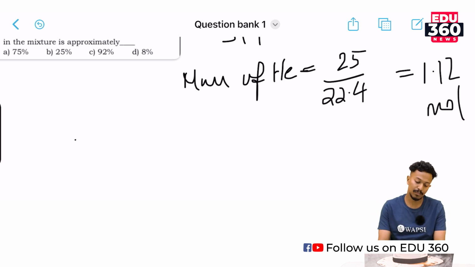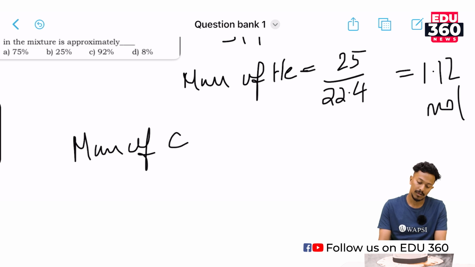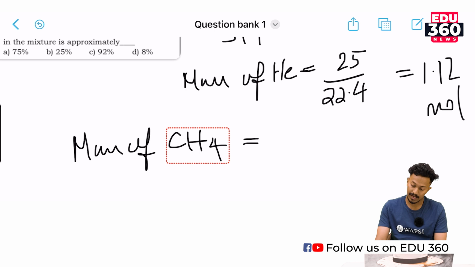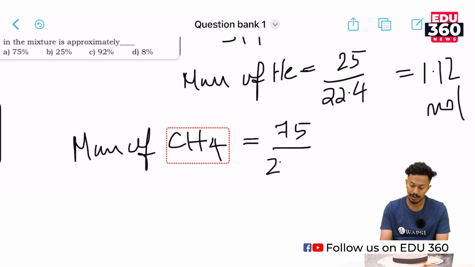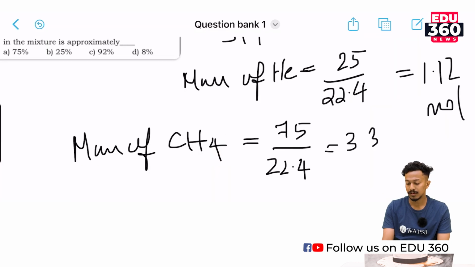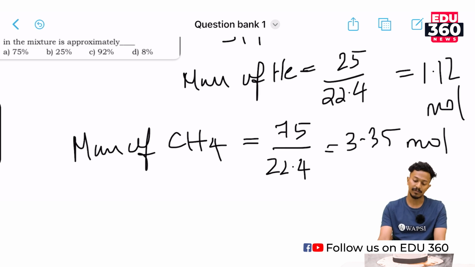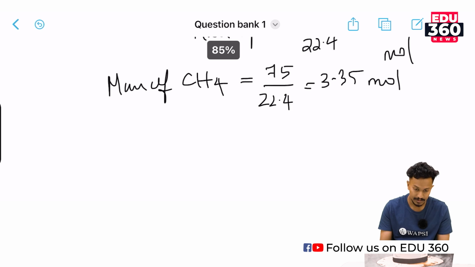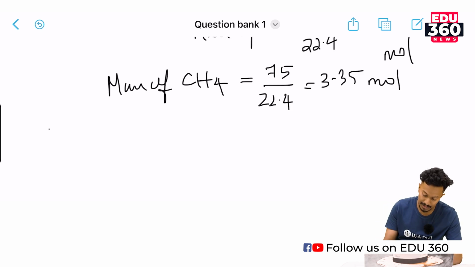Well, we will look after the moles of methane. The moles of methane is 75 by 22.4, which gives 3.35 mole. Now that we have moles of helium and methane, we could determine the mass.